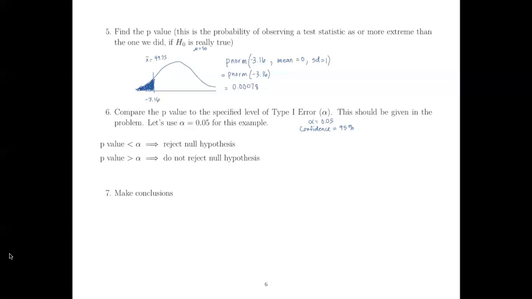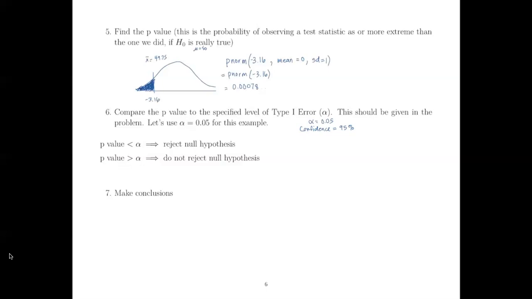If the p-value is low, the null's got to go. If the p-value is larger than that, if we get something larger than 5%, we're going to say, well, you know, that might have happened. And that doesn't really give us any evidence to say that the null hypothesis isn't true. So we're just going to stick with the null hypothesis in the meantime.